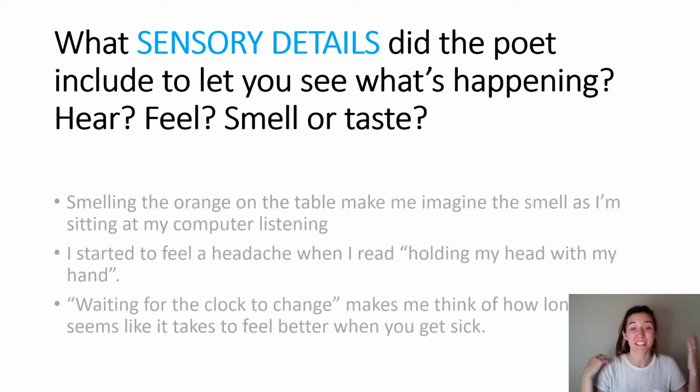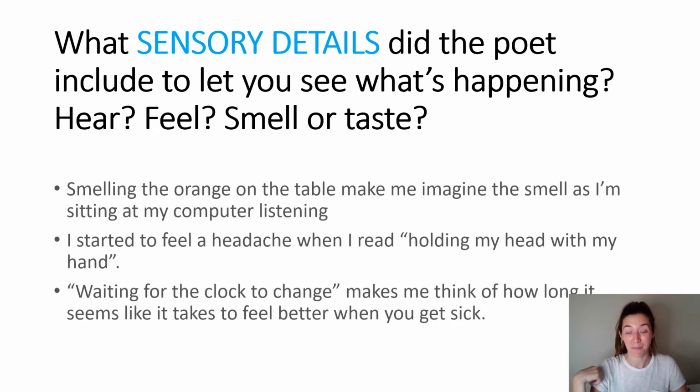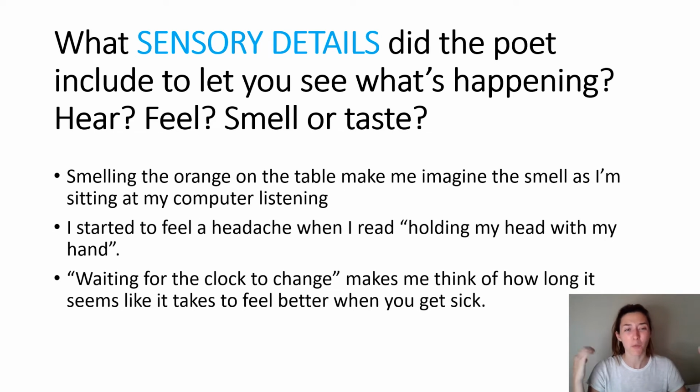Maybe you thought about the sensory details that were happening in the poem. What sensory details did the poet include to let you see what was happening and let you hear and feel and smell and taste? This is something we talked so much about in class when we're writing spicy sentences. Think about the sensory details that specifically came up in this poem.